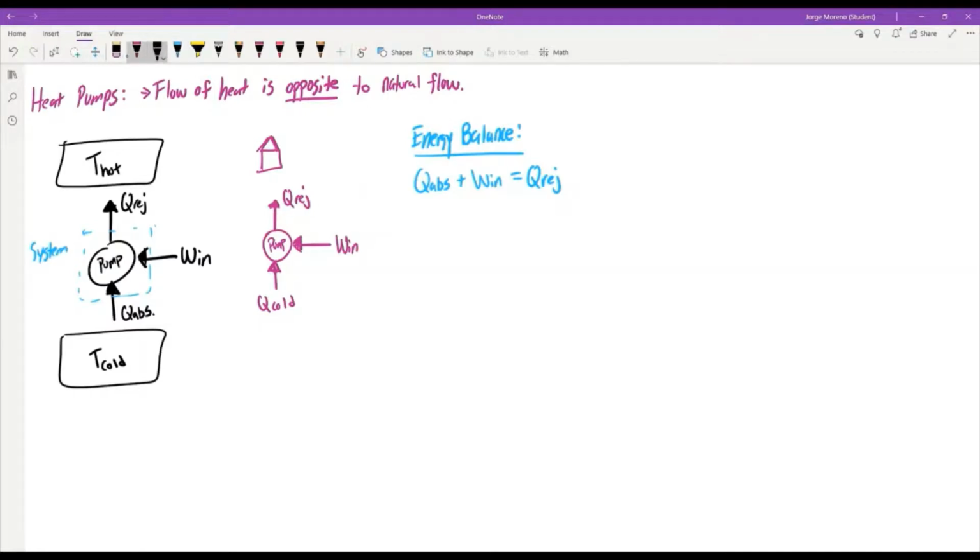All right. And another term that you might see is coefficient of performance. So this just gives you a measure of the performance of a heat pump. So this is usually found by the following. So it's going to be the desired effect divided by the work in.